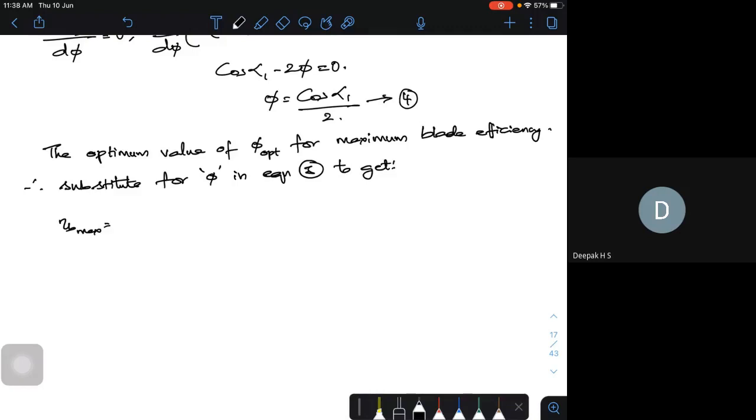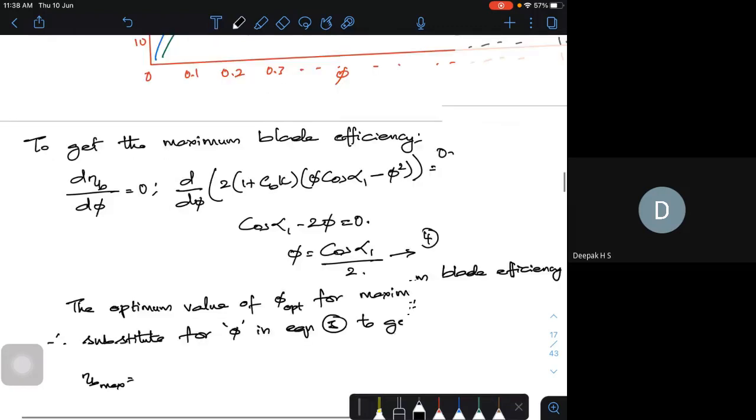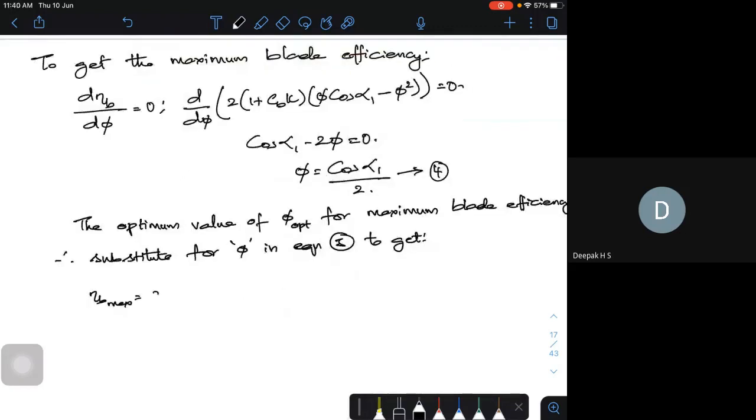This is your maximum blade efficiency: 2 into (1 plus Cb into k) as it is.